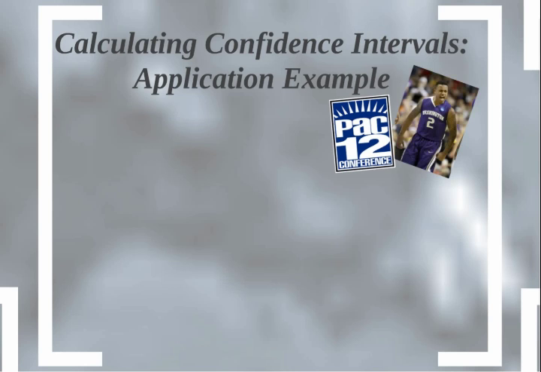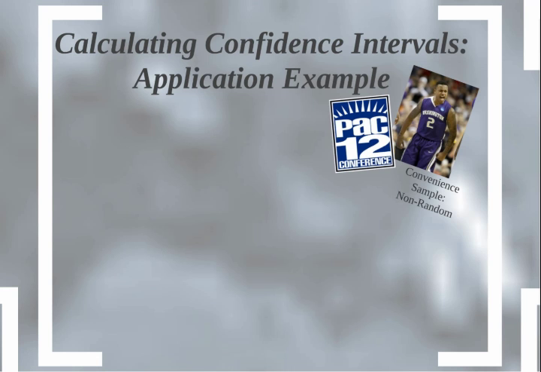So I sample UW students, Washington student athletes, and I use the basketball team's height to calculate my confidence intervals. Now, just note that this is a convenience sample and it's non-random, so this may actually be a biased sample. But for the sake of this exercise, let's just assume that this is not a biased sample and this actually represents all of the Pac-12.